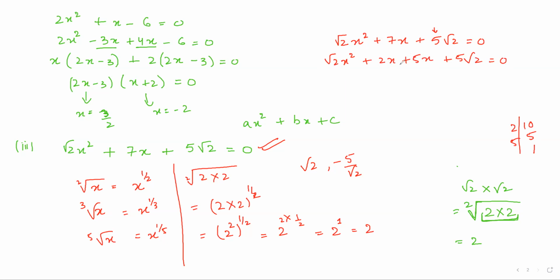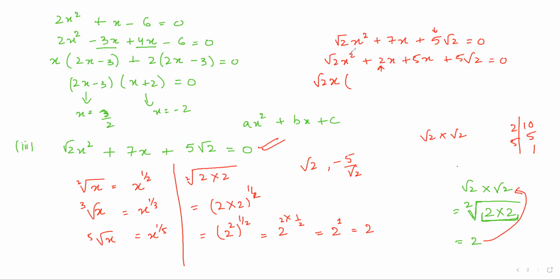Now from the first two terms, what can I take common? X. Only x, Sarah? See, this 2 can be written as under root 2 into under root 2, this reverse thing. So basically, this 2 means under root 2 multiplied by under root 2. So I can take one under root 2 also outside, isn't it?